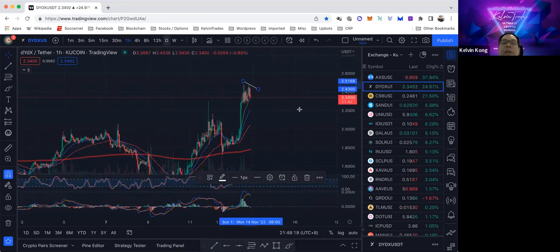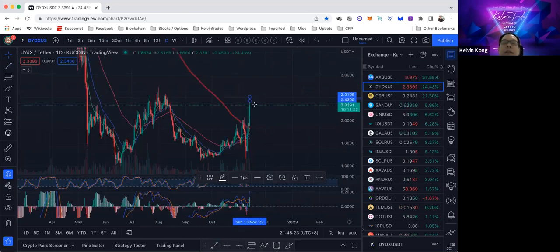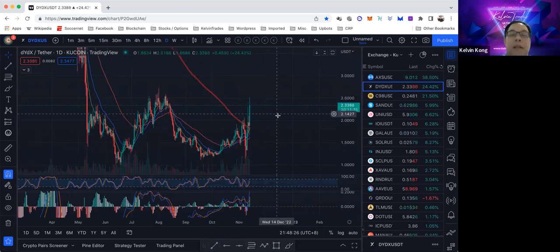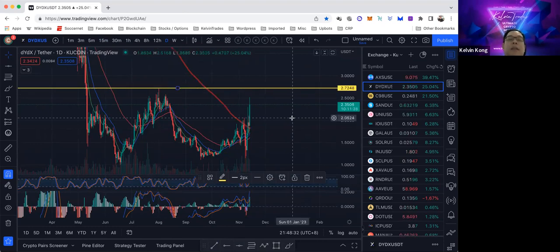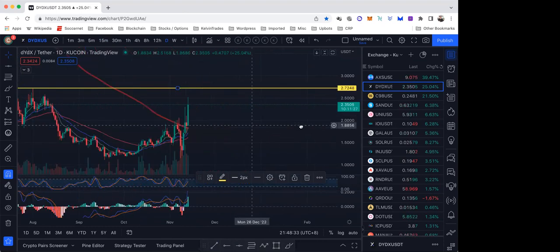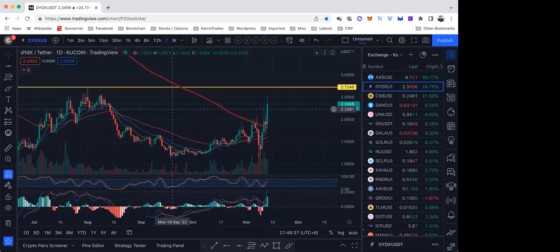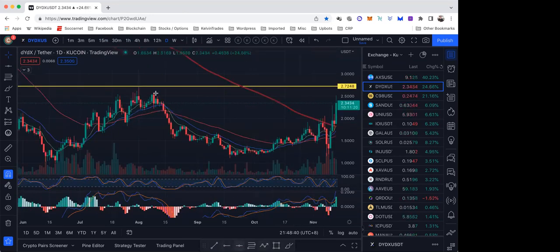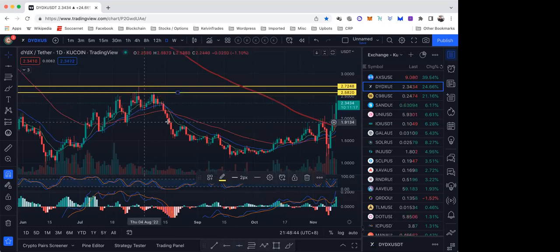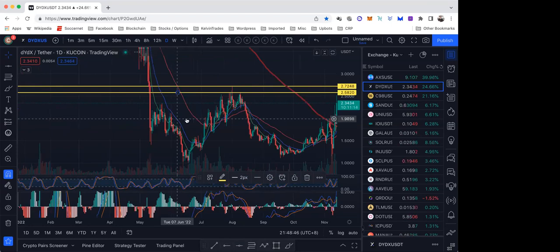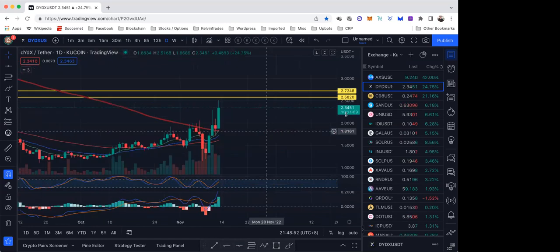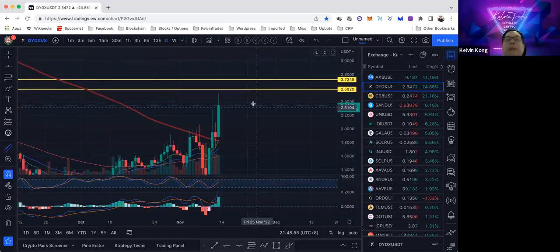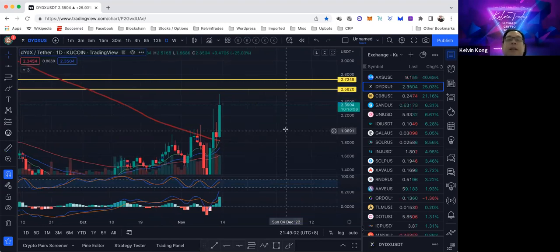See where it is first. Okay, maybe still got a little bit more to run. Oh, 13%, not bad. More than 10%.